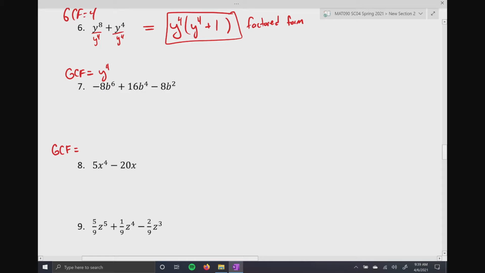What is the numerical coefficient GCF? In other words, when I'm looking at just the numbers, what's in common? Who said that? Jaden. Very good. It's an 8, okay? Now, I will say this, okay? Just watch the screen. Watch the screen real quick.